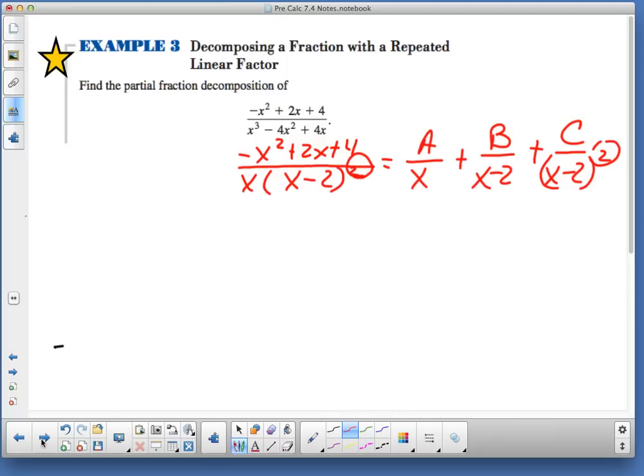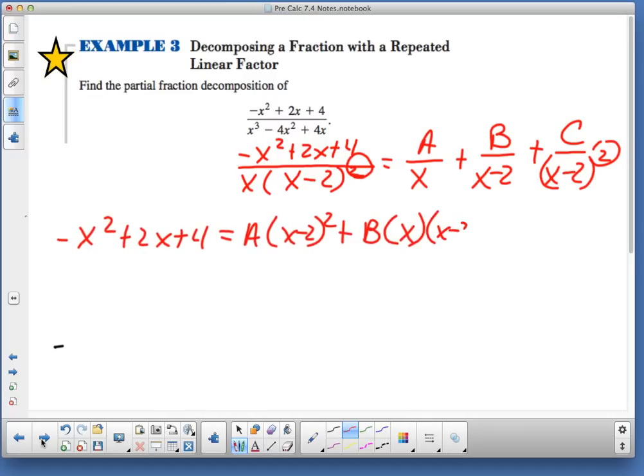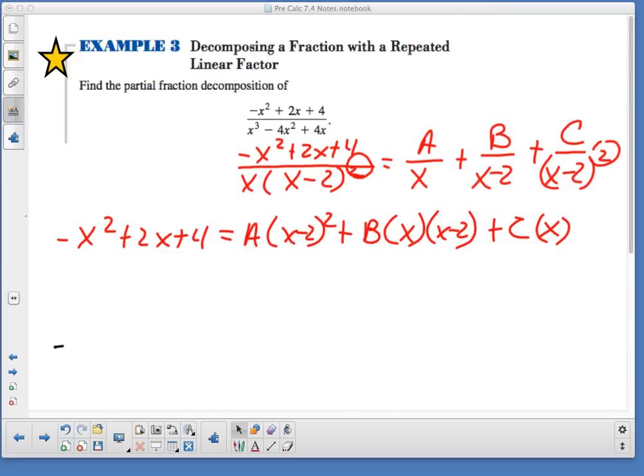Okay, now, just like we did before, we multiply across to be able to clear out our fractions. So my next step, I got negative x squared plus 2x plus 4, and I've got A times x minus 2 quantity squared plus B times x minus 2 plus C times x. Now, just like before, I got to distribute.